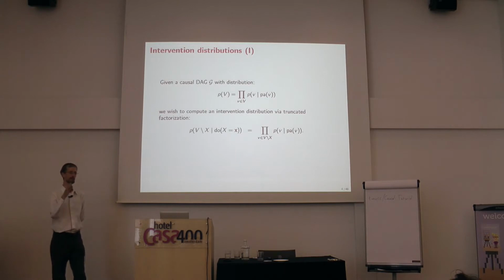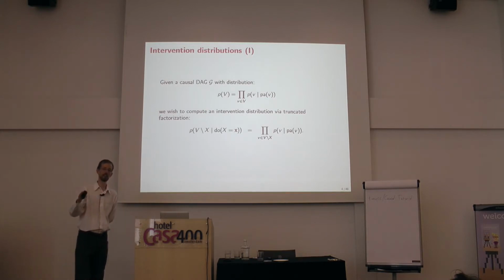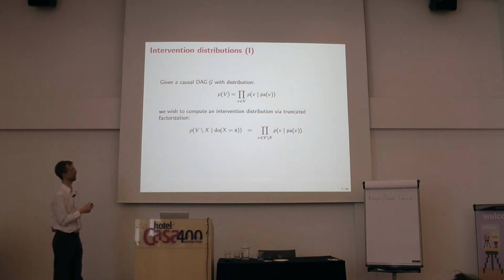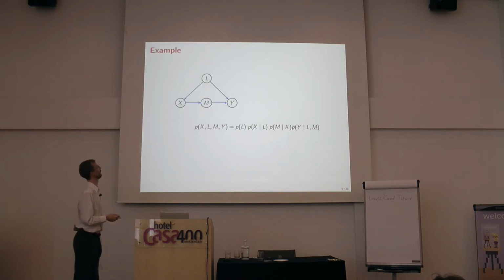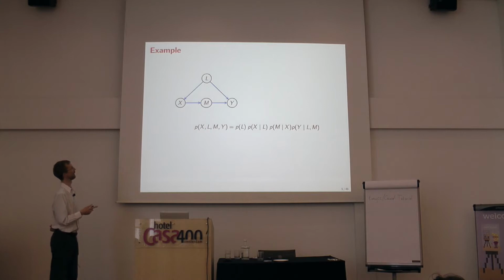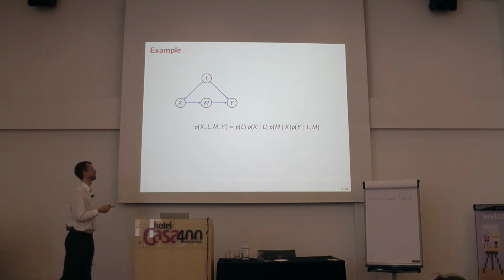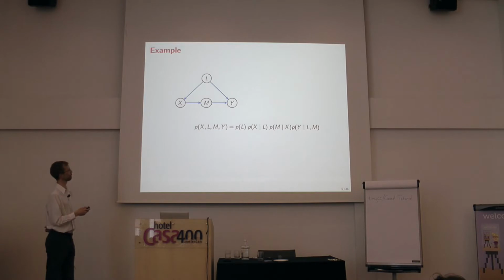When we intervene on a set of variables x, we just delete those terms from our factorization, and we set the variables that are intervened on to specific values. So for example, if this is our graph here, then the joint distribution is as follows, factoring into terms for each variable given its parents.